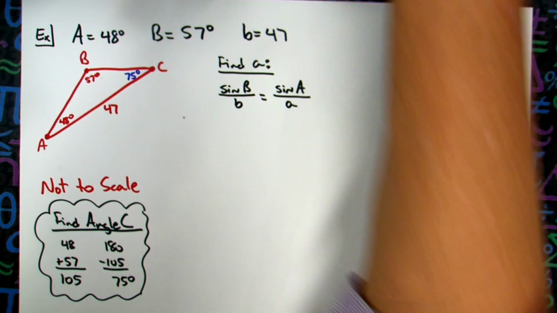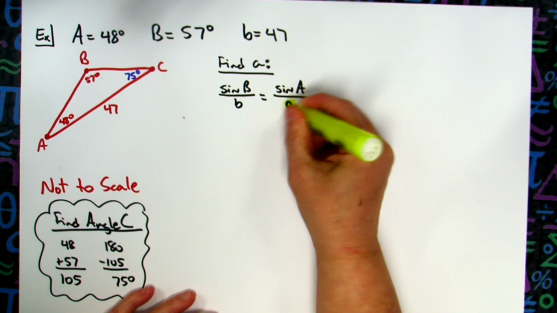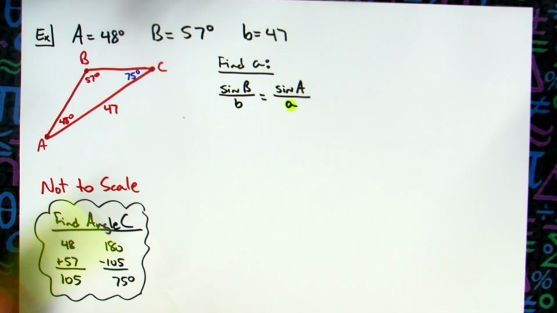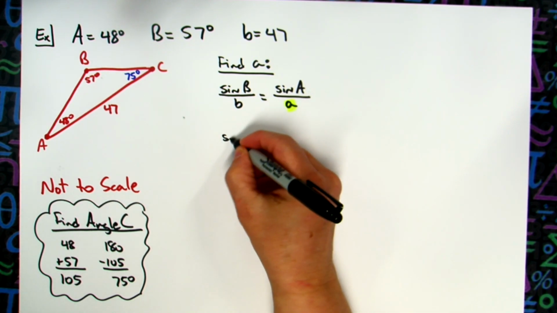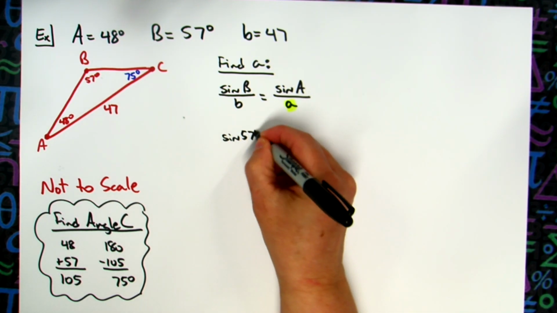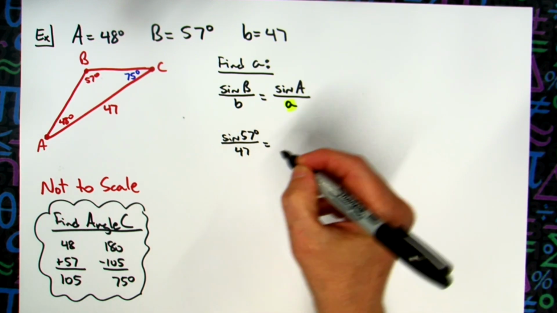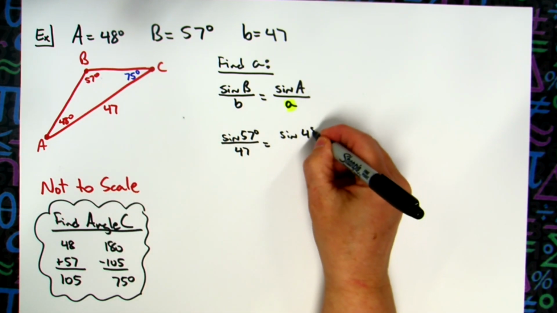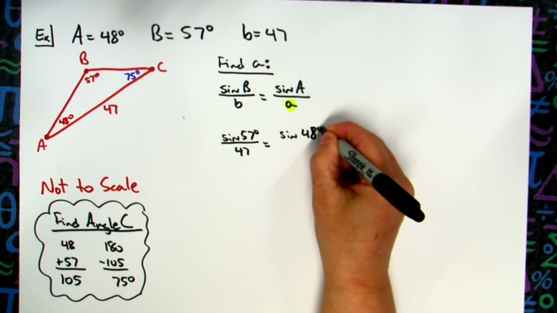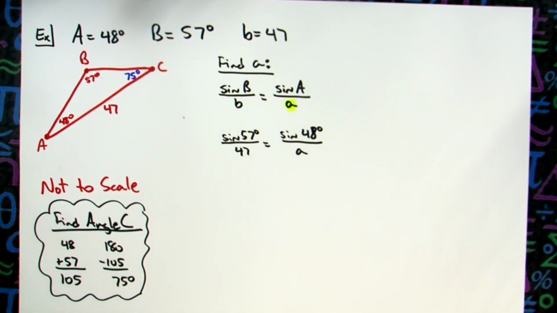I can fill in all of those numbers except for little a. So it would be sine of 57 degrees over 47, equals sine of A, which is 48 degrees, over little a, because that's what I'm trying to solve for.